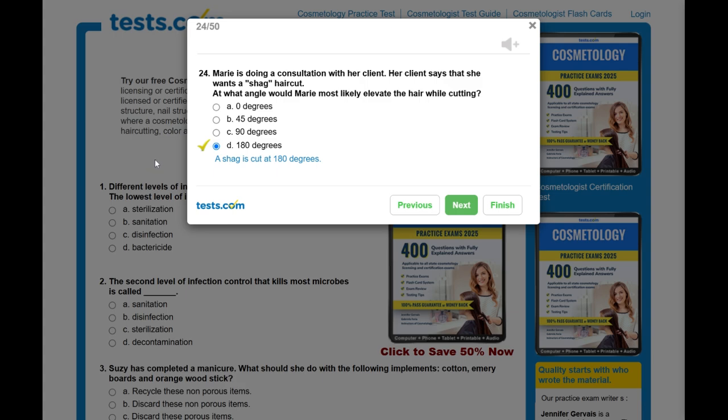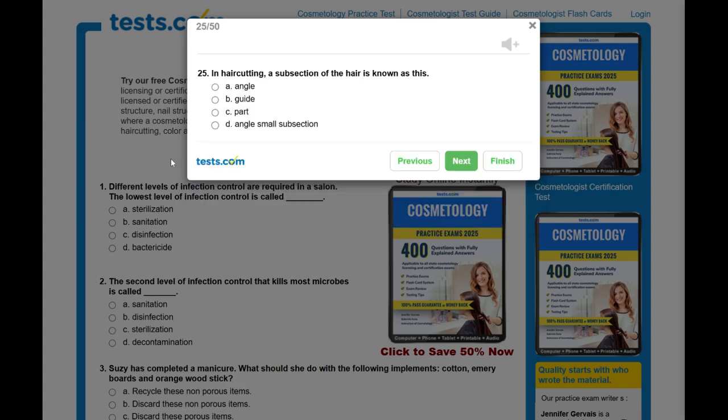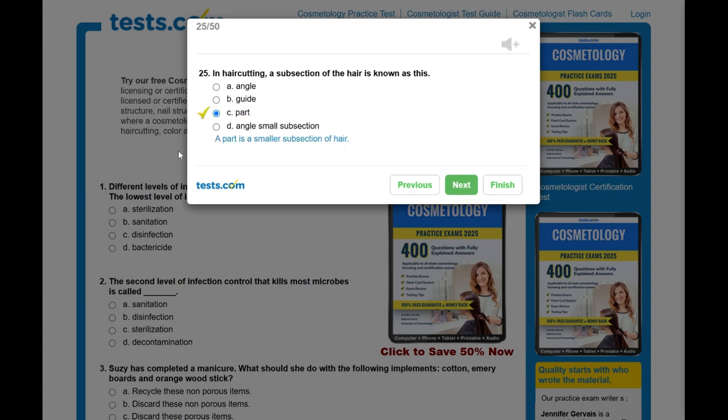A shag cut is at 180 degrees. Question 25. In haircutting, a subsection of the hair is known as this. A. Angle. B. Guide. C. Part. D. Angle small subsection. C. Part. A part is a smaller subsection of hair.